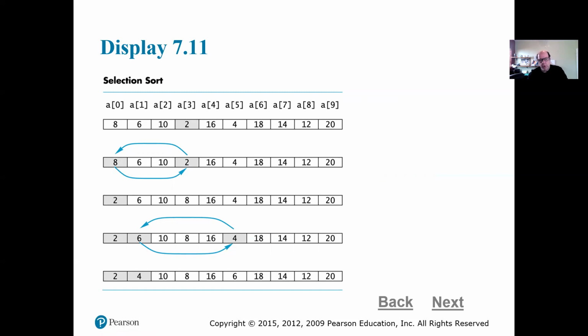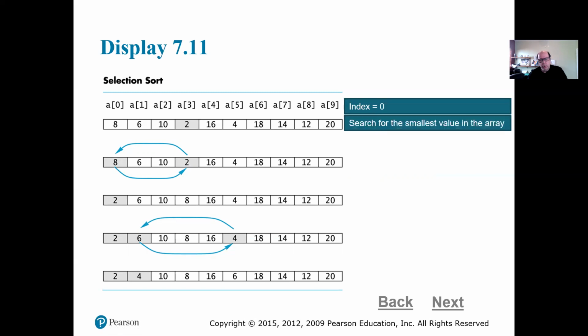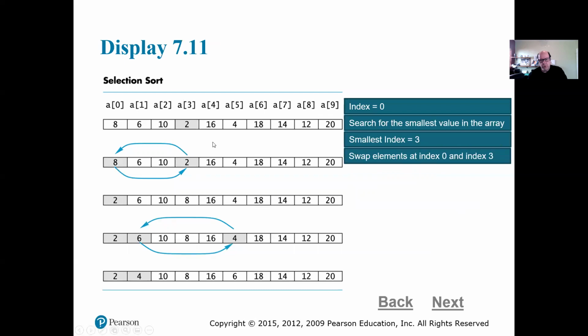So in this case, we are at index 0. We're going to look at the smallest value in the array, which is going to be 2, and that 2 is at index 3. So we're going to be swapping the value in index 3 with index 0. So the 2 is going to go here, and 8 is going to go there. We just swap.